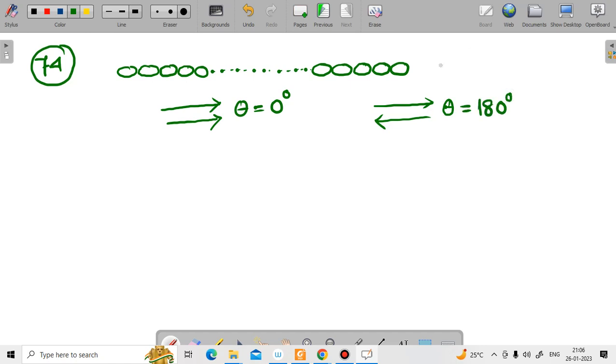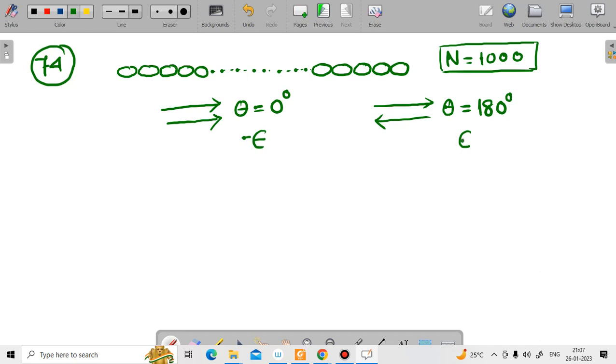Okay. So there are n equal to 1000 number of molecules, and the links can be either parallel to each other or anti-parallel to each other. So in the parallel arrangement, let's suppose the energy will be minus epsilon, and in the anti-parallel arrangement the energy will be plus epsilon.